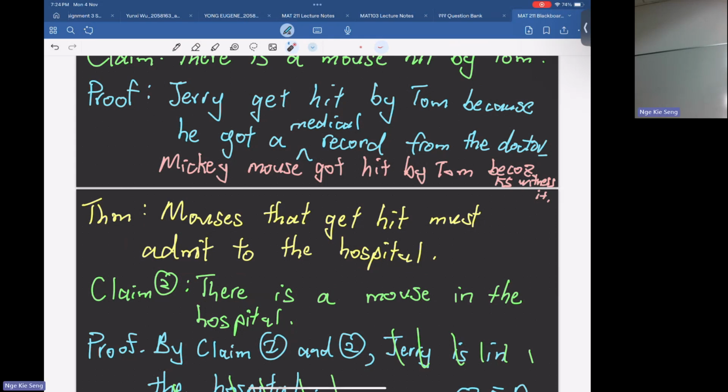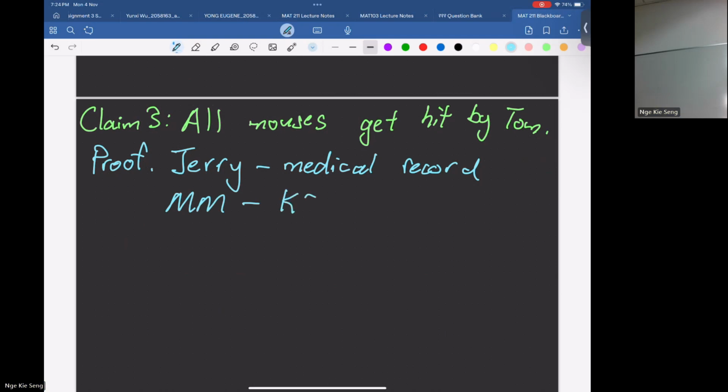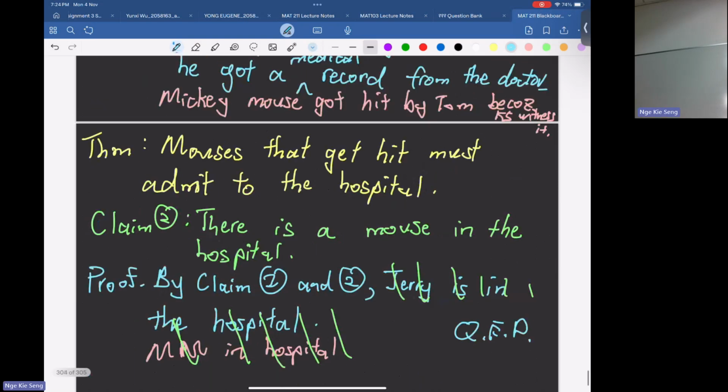So how to prove? We know that Jerry has a medical record already, right? Okay. And then Mickey Mouse, I witnessed it. Then what do you need to do? You just need to check what happened to the rat.